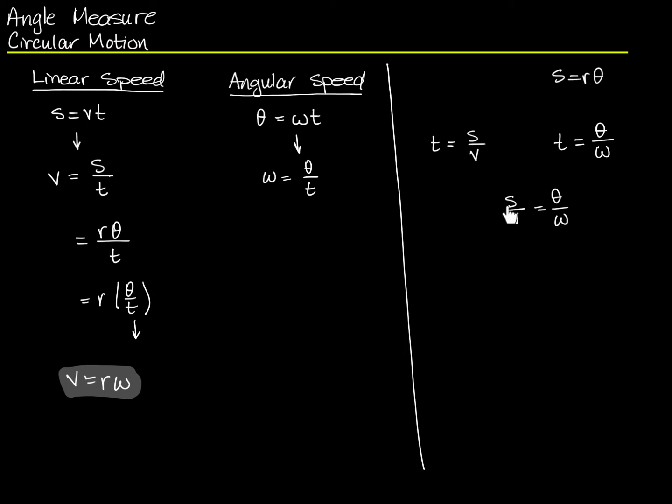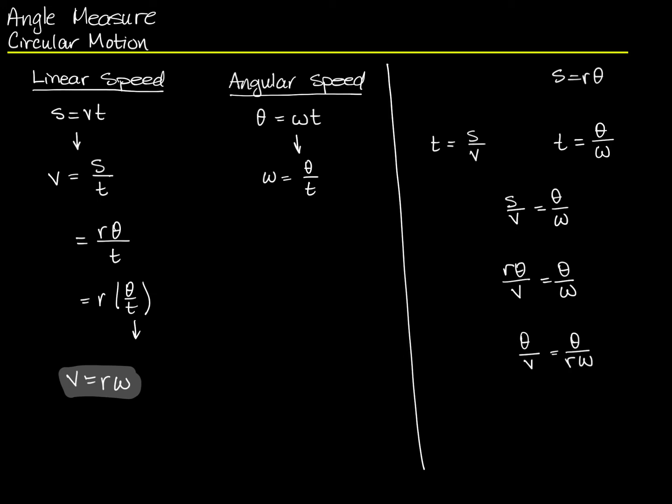If I make the same substitution as I did before for s equals r theta, I get this equation. And if I divide both sides by r, I get theta over v equals theta over r times omega.